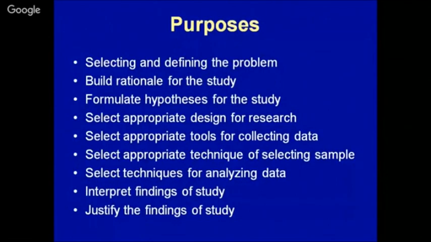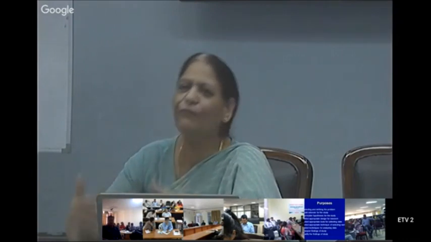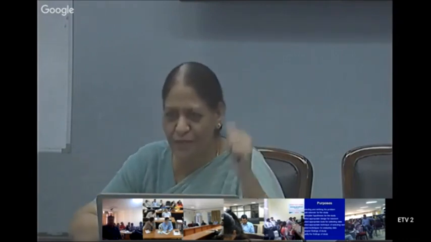The findings of your study may be in agreement with the previous studies, they may be in disagreement with the previous studies, or so the study findings of the previous work can lend support to the findings of your study if they are in agreement. If they are in disagreement, then you need to give reasons why different findings have been observed in the study.